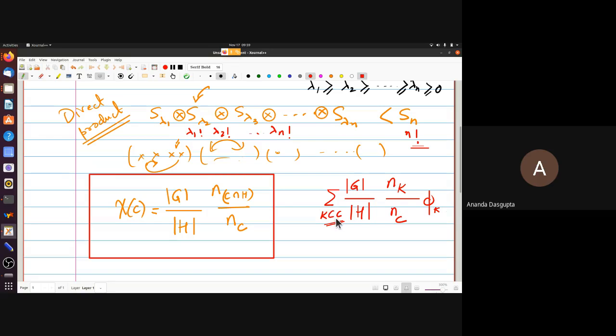When I say k belongs to C, I mean subclasses of H which were completely contained in the class C, and you had this kind of a formula. Okay, you remember this? That was what we did the last day.